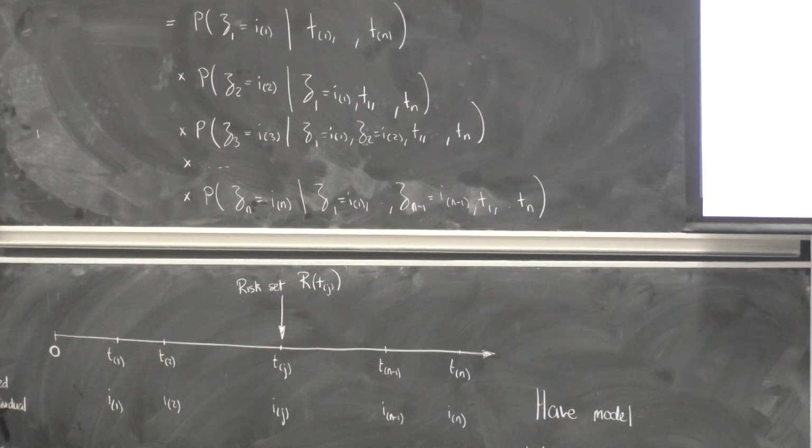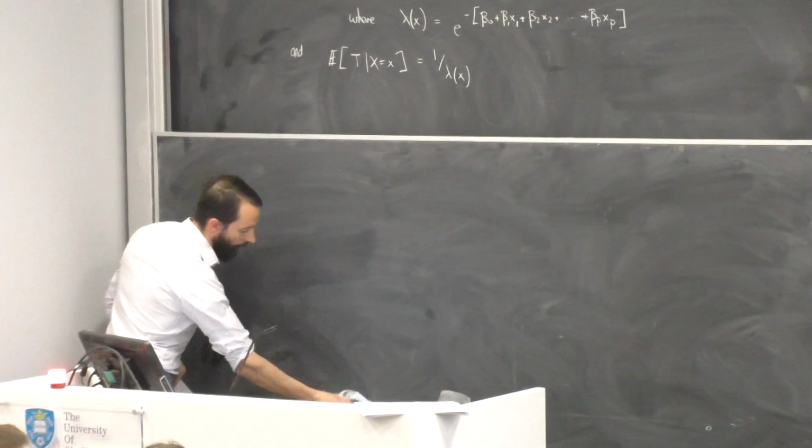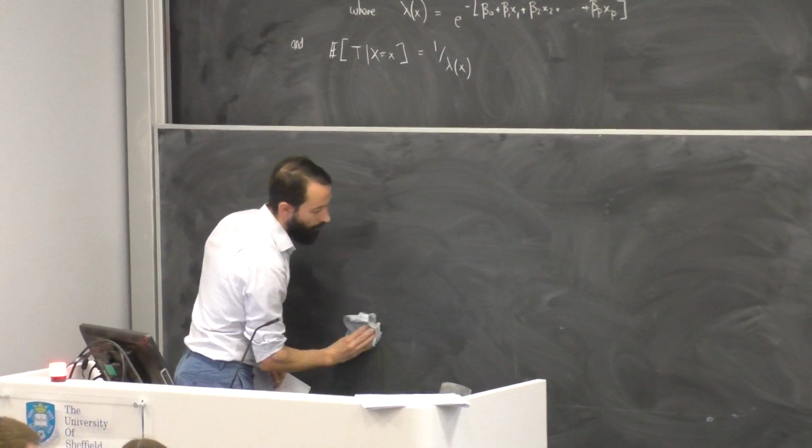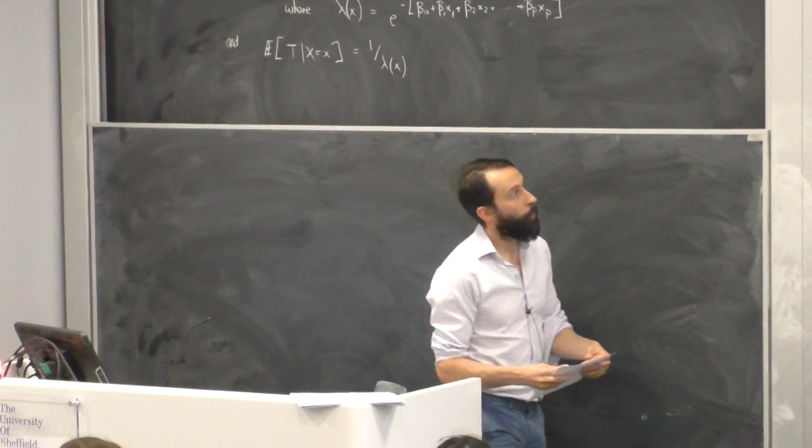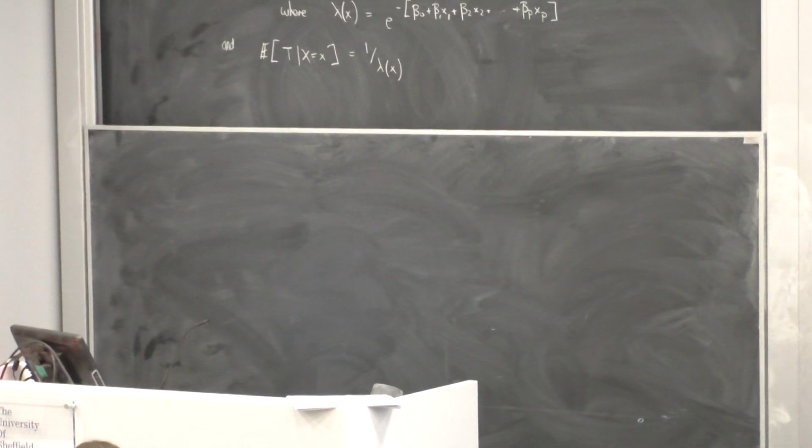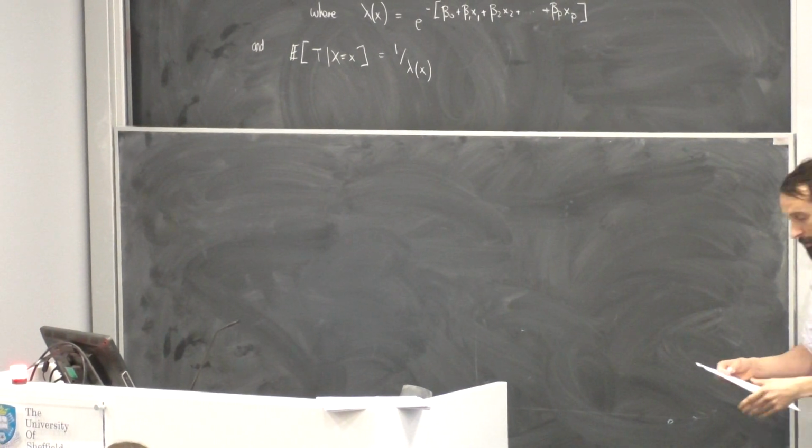Okay, so that doesn't look like we've particularly made it any simpler. But if we could work out these individual probabilities, we'd be done.